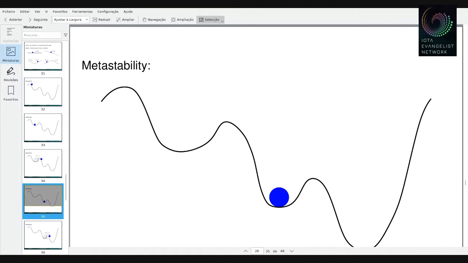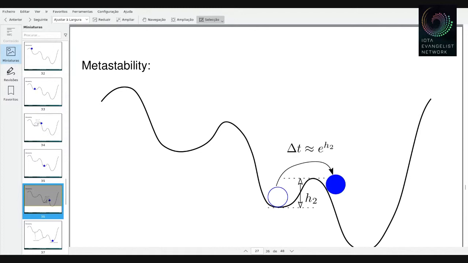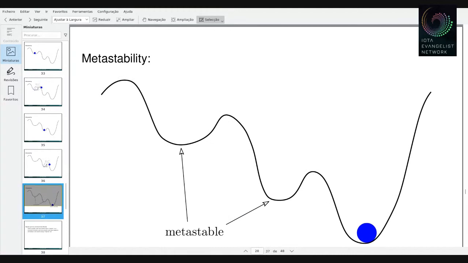So this phenomenon of spending a lot of time in such places is called metastability. As I explained, it will need a random constant times exponential of this depth to finally go out and to go to the global minimum of the potential.